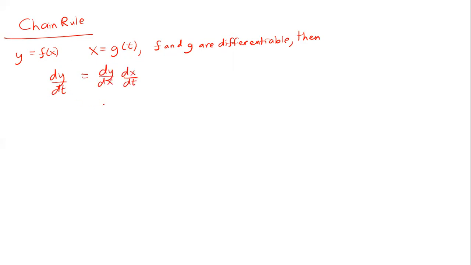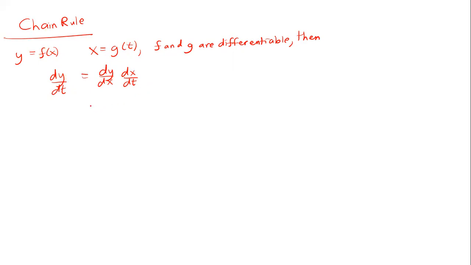Since f is a function of x, but x is a function of t, that means that y changes as t changes, and the rate of change of y with t is given like this.